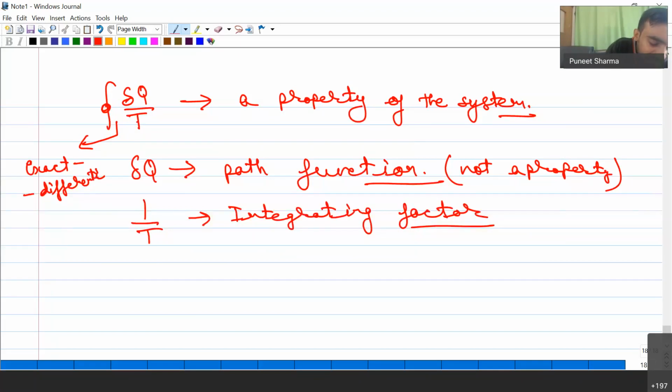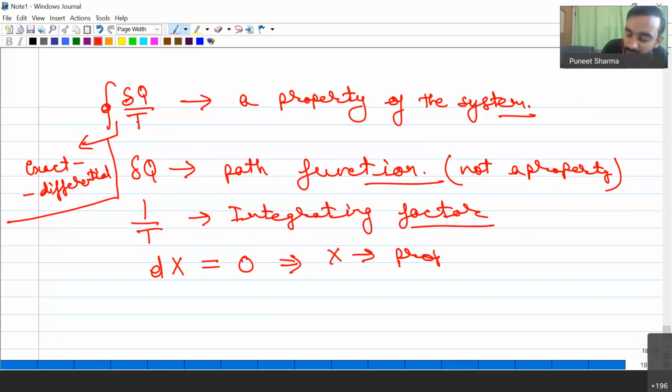Why is it an exact differential? Because the cyclic integral of del Q by T is becoming equal to 0, and as per the formulation of property, we know that dx equals 0 for a cyclic process when x is nothing but a property of that particular system, which depends upon the state and does not depend upon the path.